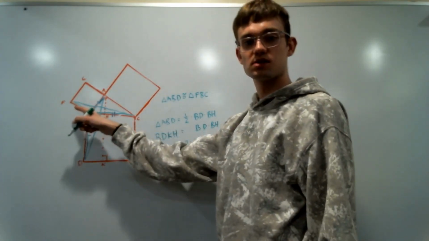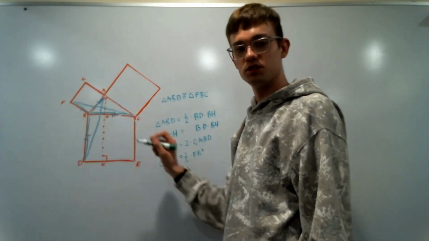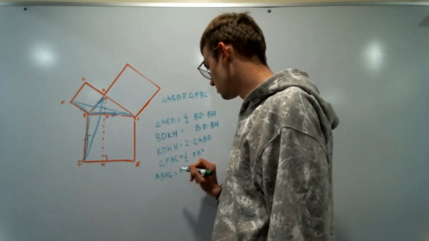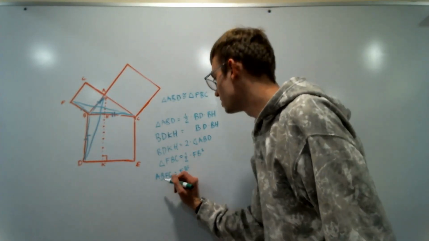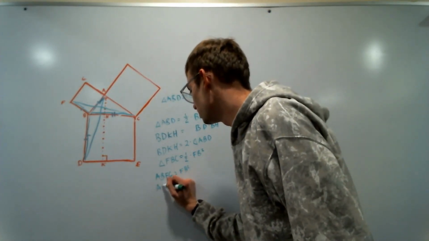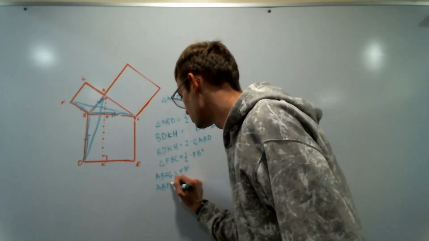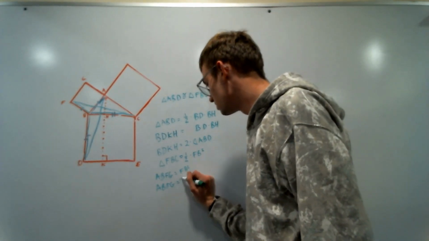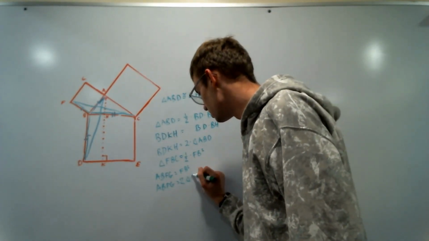Well, last thing is this square over here, ABFG, is just FB squared. So that means ABFG, we can also write that as 2 times triangle FBC.